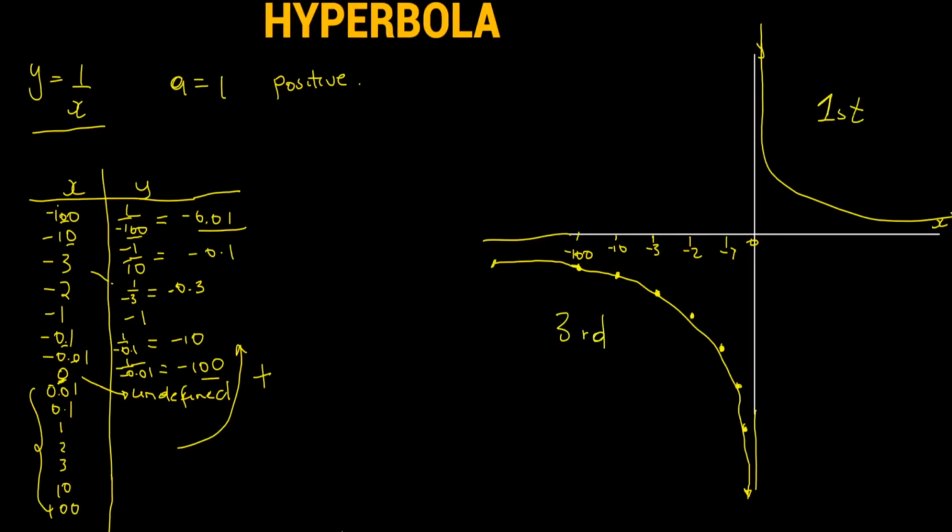And also, we noticed something here. We noticed that when we are approaching 0, because we're going to have y is equal to 1 over 0, we can never divide any number by 0. That is undefined. So we notice that we never get to touch y equal to 0. So this means that there's something about y equal to 0, right?